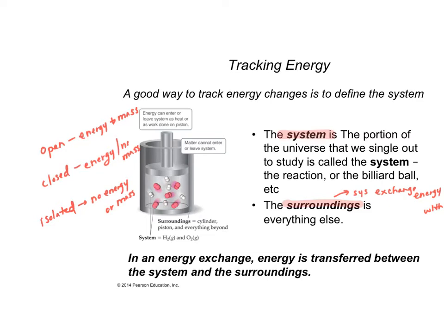Okay, so considering these three types of systems, what type of system would a human being be? So humans would be open systems, right? Can we exchange energy? How so? We have heat, right?